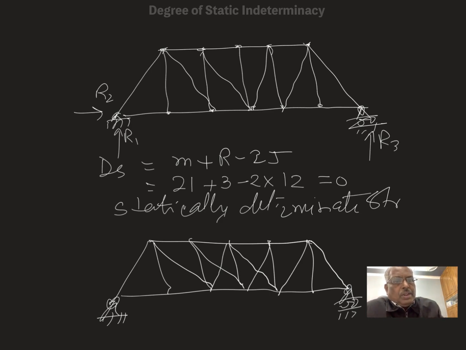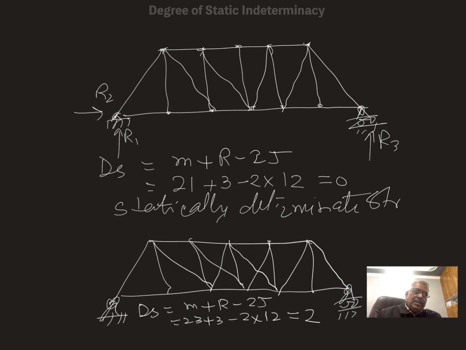So now what will be the ds? ds is m plus r minus 2j. So there, 2 members more means 23 plus 3 minus joints, which remain the same, 12. So how many? 2. So the degree of static indeterminacy is 2.